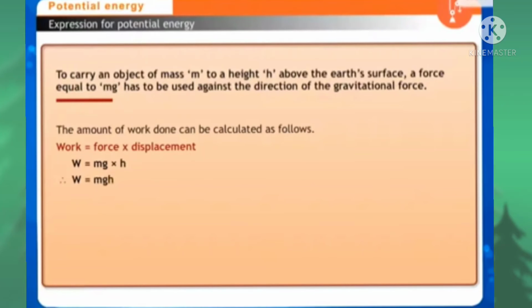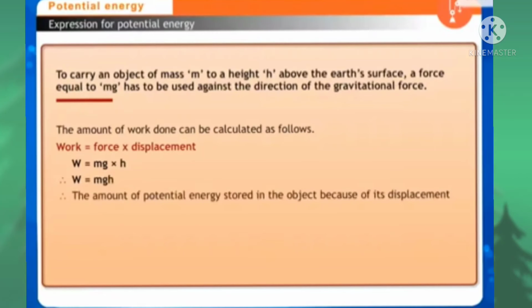Therefore, we can write W is equal to mgh. This is the amount of potential energy stored in the object because of its displacement. So potential energy is equal to mgh.